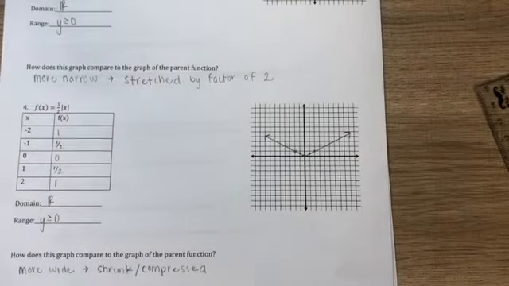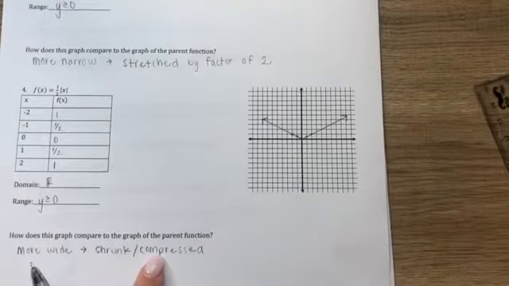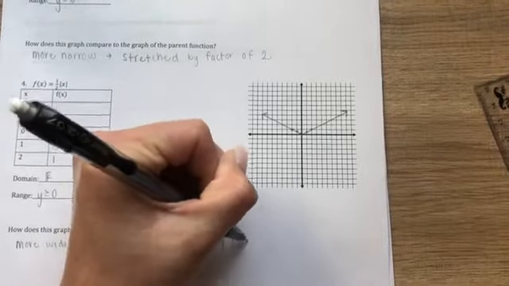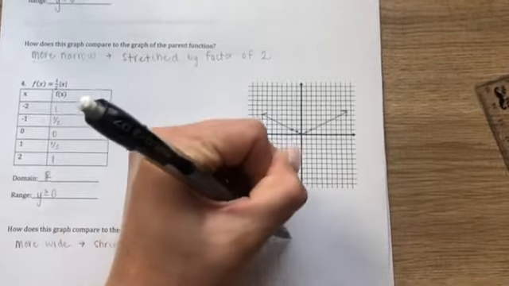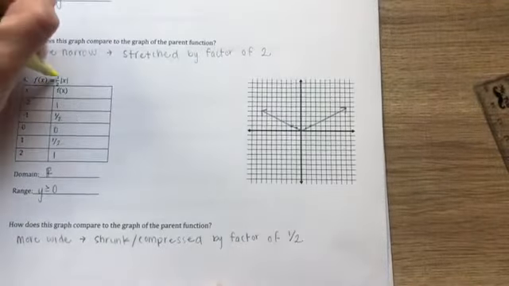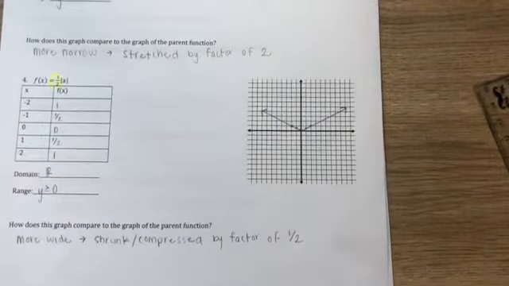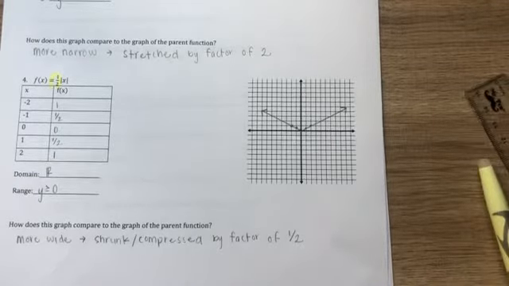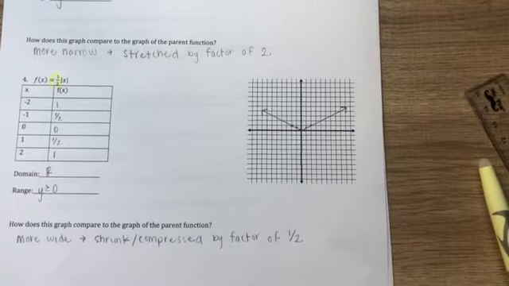For number 4, I'm going to add that it was shrunk or compressed by a factor of 1/2. And again, what did that was the fact that there was a 1/2 multiplied in front of the absolute value bars. So with stretched and compressed, or stretched and shrunk, both times it's the same operation that does that.